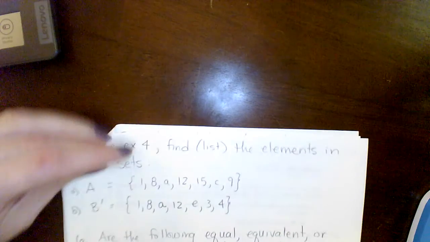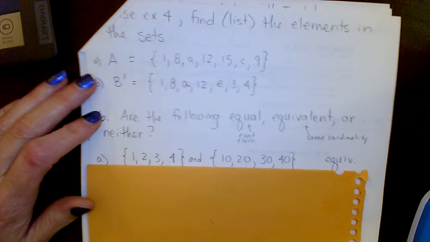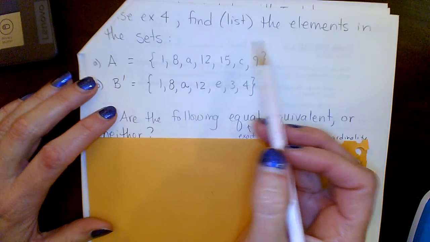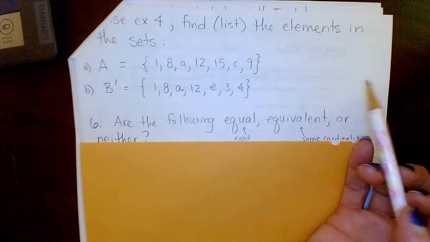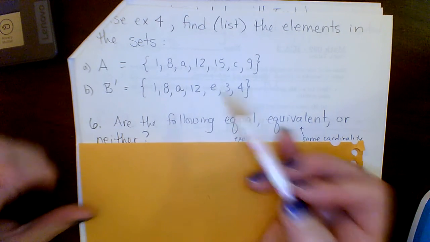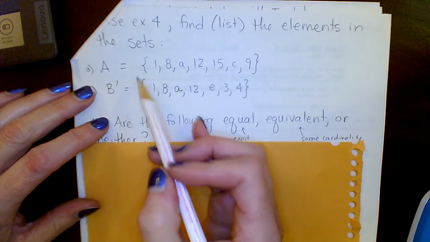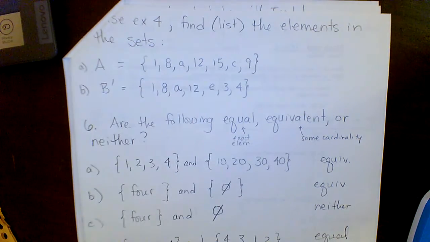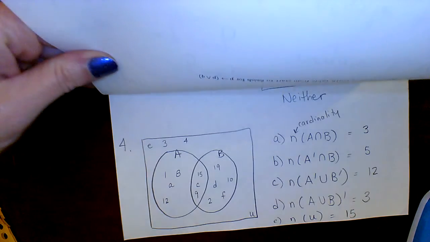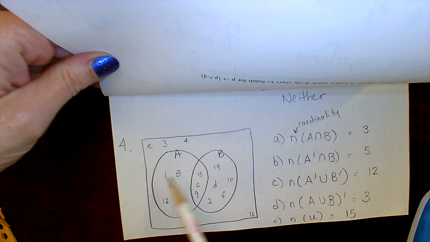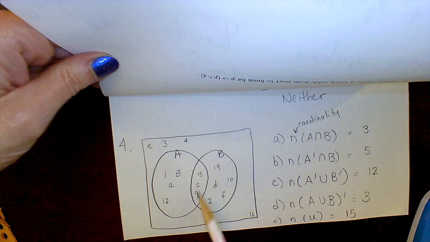Let's do some more with some sets. So if we go back to the previous example, if you were asked to list the elements in those sets, set A, the list of elements in A are 1, 8, A, 12, 15, C, and 9.